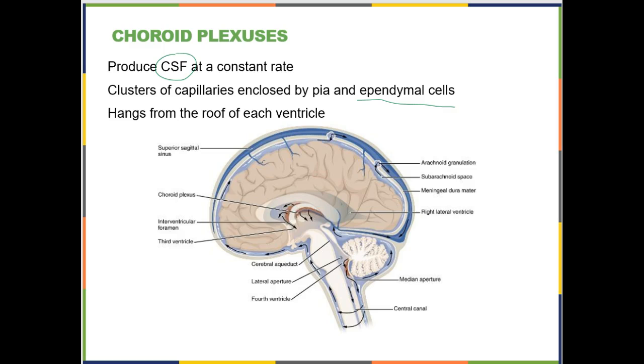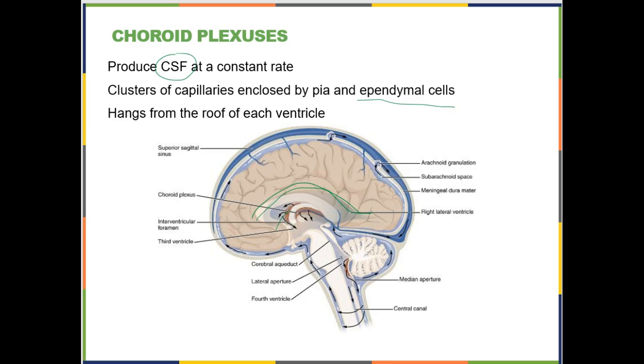This is supposed to be a peek into the lateral ventricle there, which would be all throughout here. The roof of the third ventricle there, and even a little bit in the fourth ventricle. Based on what I've seen in the sheep brain, I don't know how much choroid plexus is actually in the fourth ventricle, but you can definitely see it in the lateral ventricles.